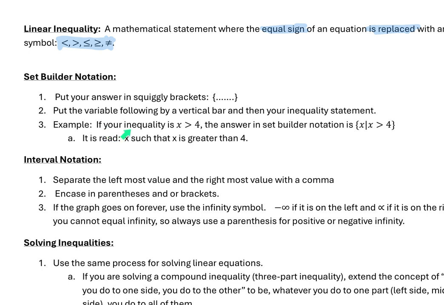So for example, if our inequality is x is greater than 4, the answer in set builder notation is we have our squiggly brackets, we have our variable, which is x in this case, our vertical bar, and then our inequality statement. The vertical bar is the mathematical notation for such that, and then whatever our statement is. So for instance, this particular notation is x such that x is greater than 4.